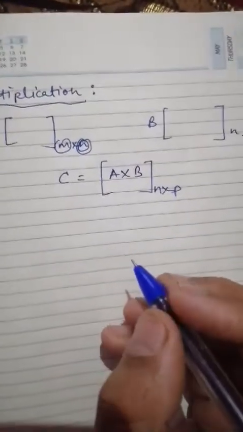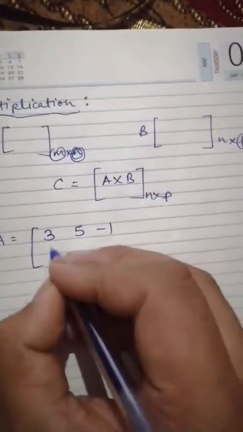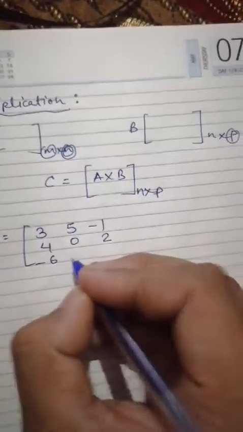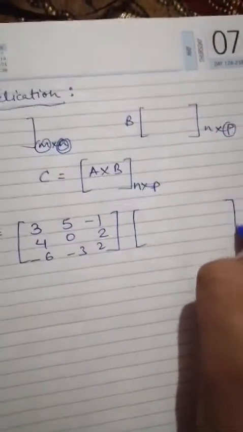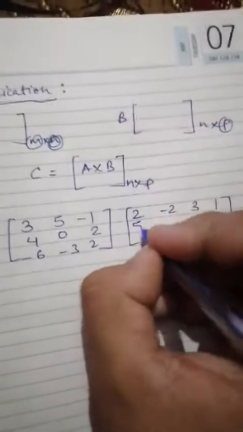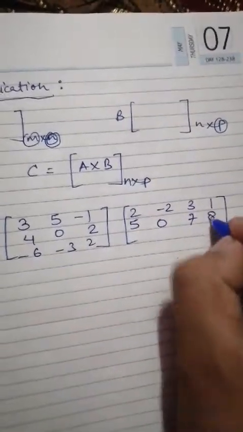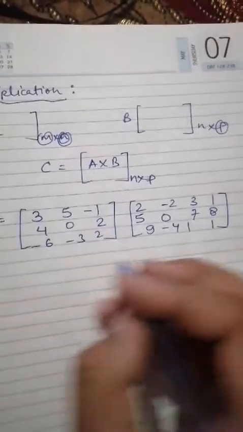So how are matrices multiplied? Let's see with a simple example. Here our A matrix is [3, 5, -1; 4, 0, 2; -6, -3, 2], and B matrix is, we are writing it directly, [2, -2, 3, 1; 5, 0, 7, 8; 9, -4, 1, 1].